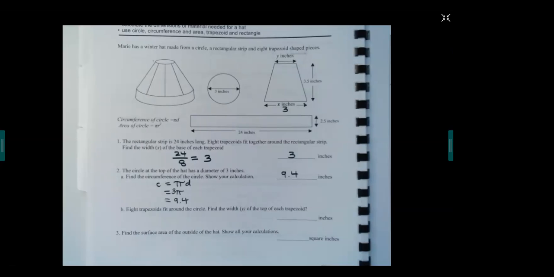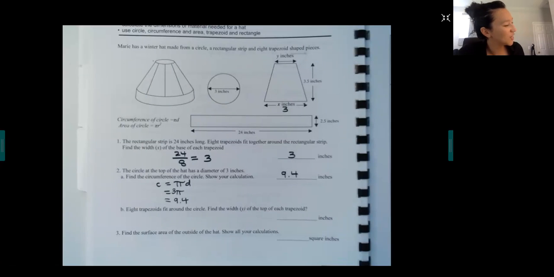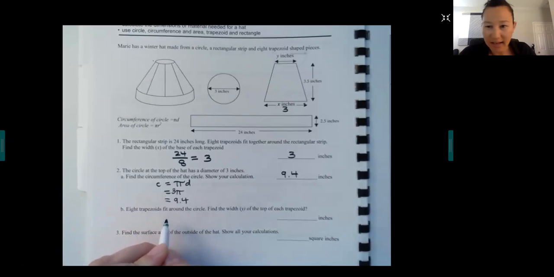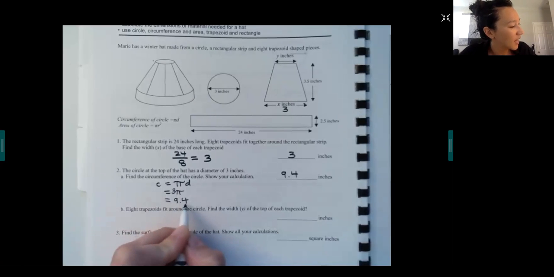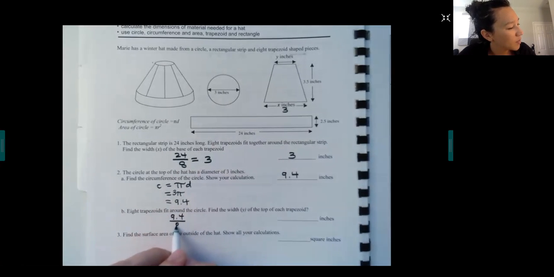Would you just divide 9.4 by 8? Yep, that's exactly it. Very good, Elijah. I got 1.175. We're going to take our 9.4 and divide it by our 8 trapezoids.